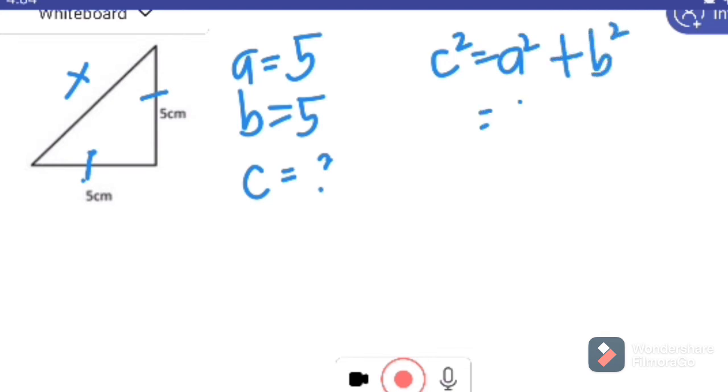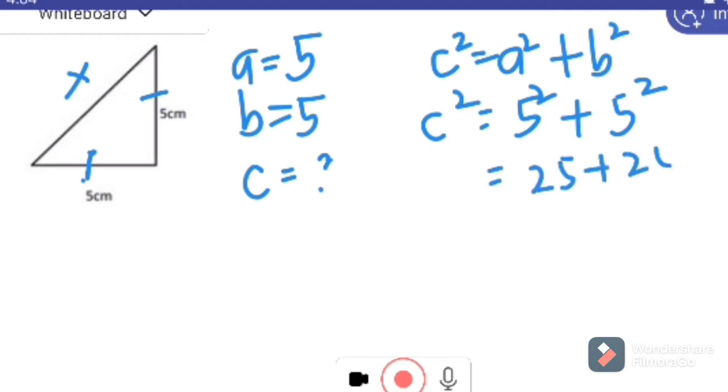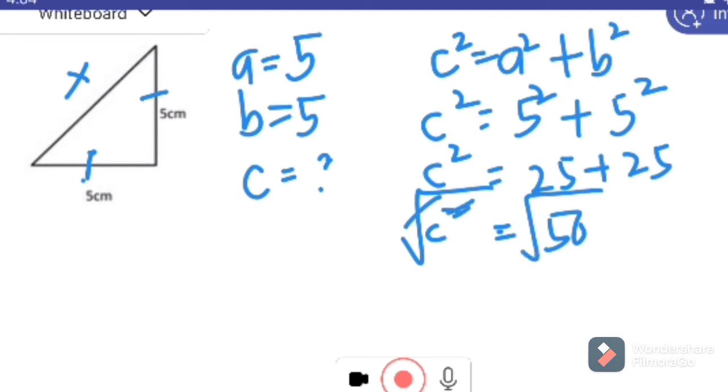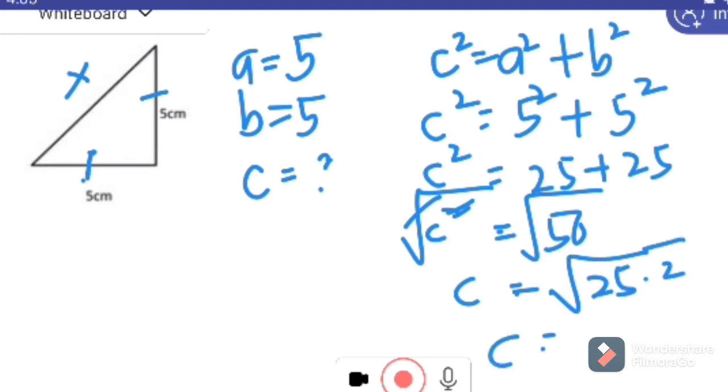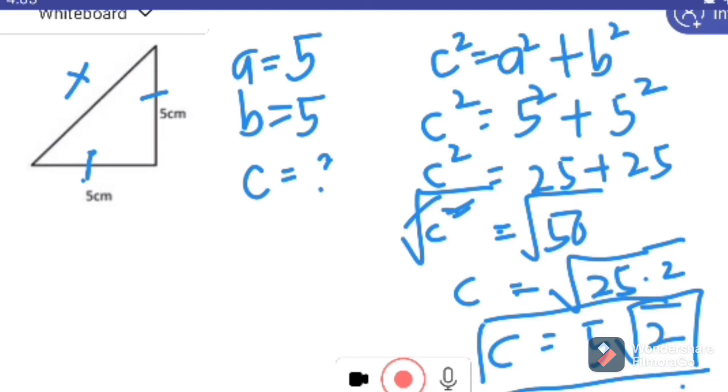A squared is 5 squared plus b squared, which is 5 squared, so c squared is 25 plus 25, which is equal to 50. Then take the square root. So we factor 50, we have the square root of 25 times 2. So C is equal to the square root of 25, which is 5, times the square root of 2. So this is the answer to our hypotenuse.